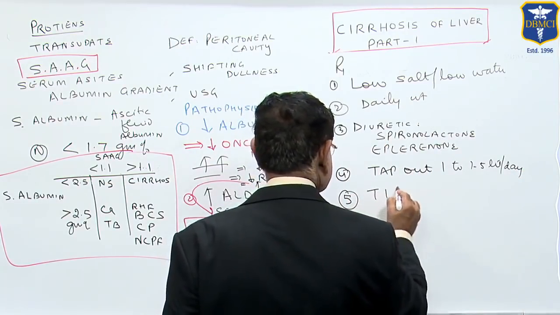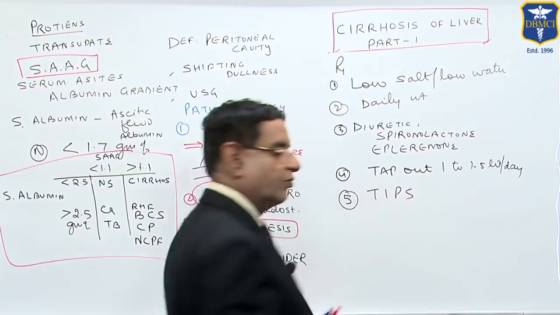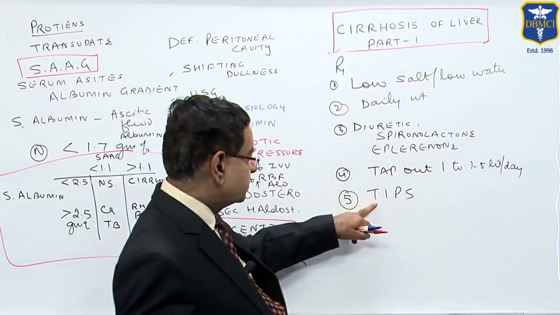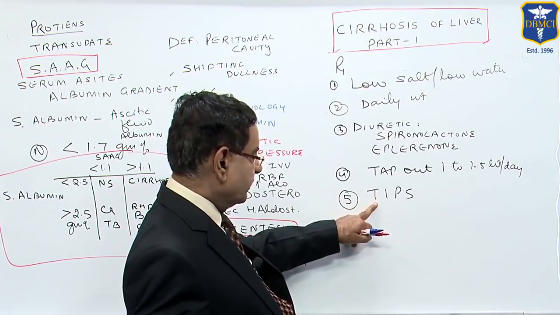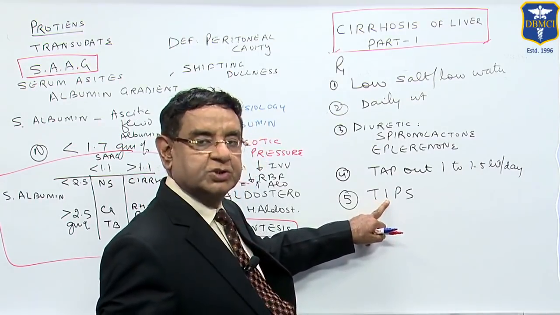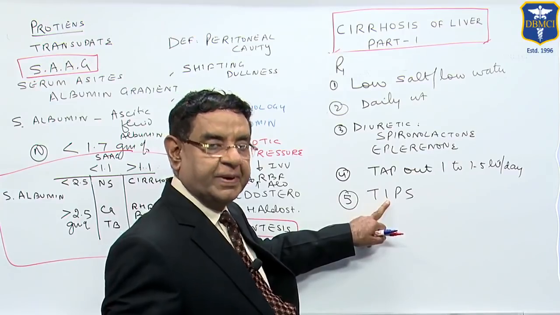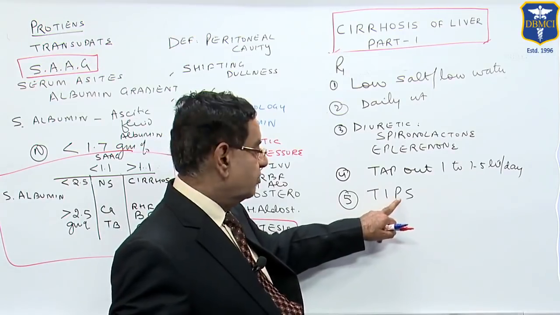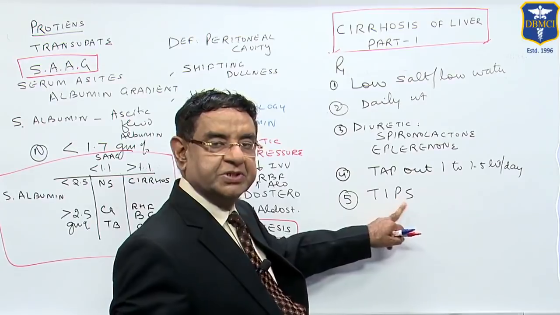Otherwise, we can go for TIPS, that is transjugular intrahepatic portosystemic shunt.